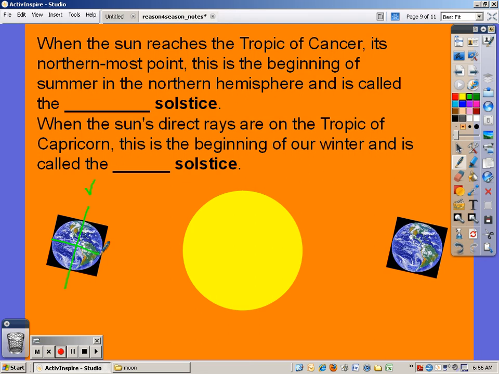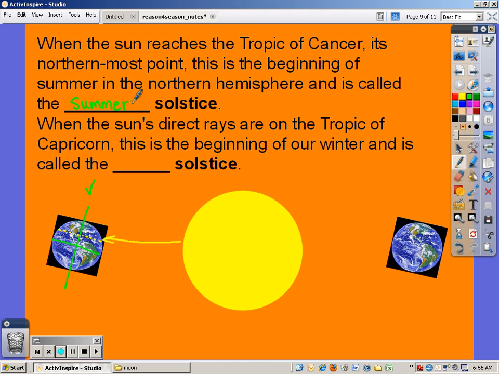The Sun's rays are hitting the most direct, right on the line of the Tropic of Cancer. That is called the summer solstice. That is also the day that we have the most daylight hours all year long.